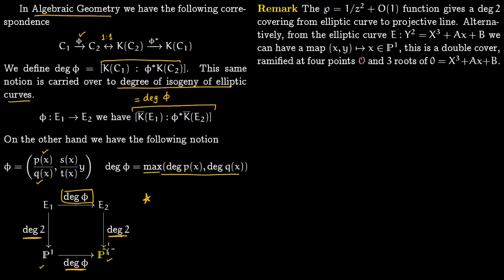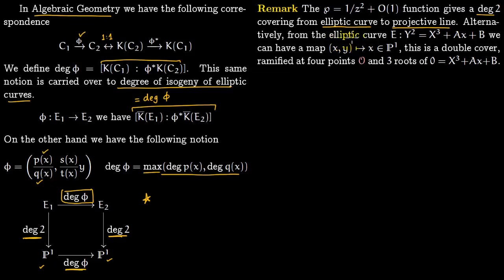This degree 2 map is given by the Weierstrass P function. We will write the Weierstrass P function in a simpler form, 1 over z square plus O(1). There are other terms here, but we are writing them as O(1). This Weierstrass P function essentially gives us a degree 2 map from the elliptic curve to the projective line. In fact, these elliptic curves form a double cover of this projective line.